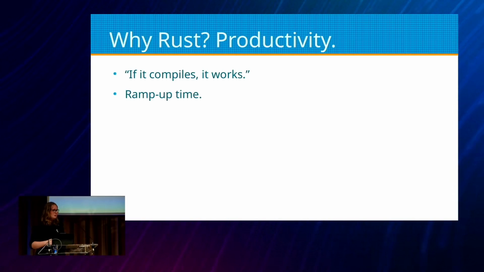And even if your first version of the code takes a bit longer, which once you ramp up, I don't think it takes that much longer. Well, if it works on first try, that's a pretty big advantage.